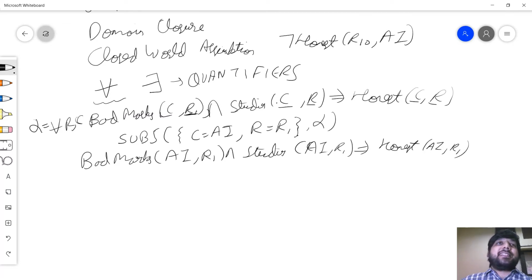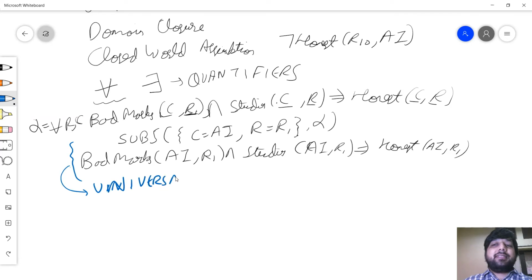This exercise is called universal instantiation. So it's a universal instantiation.